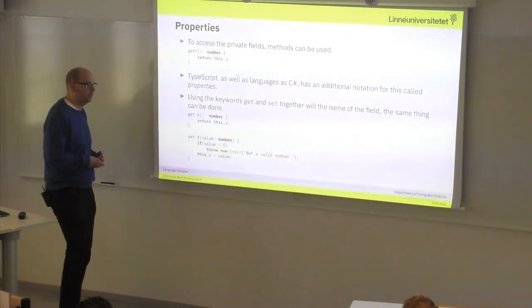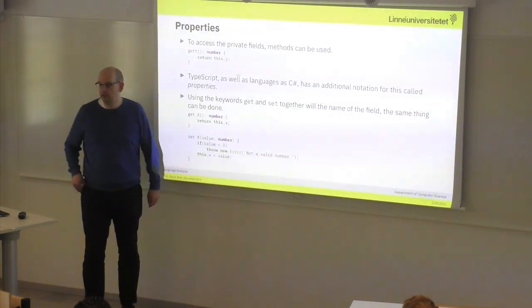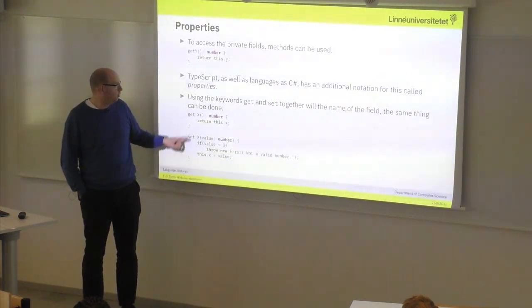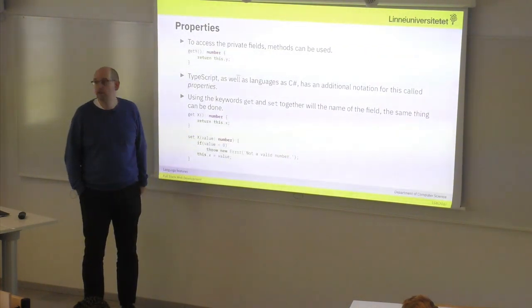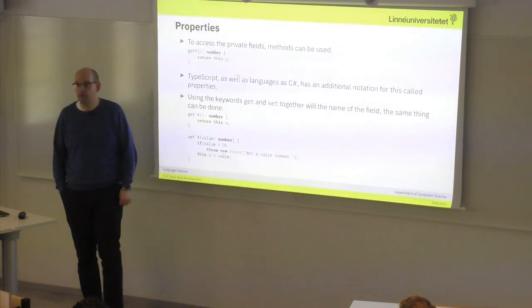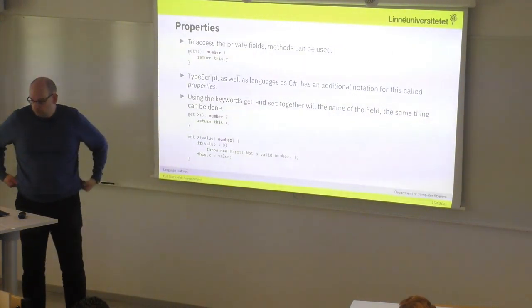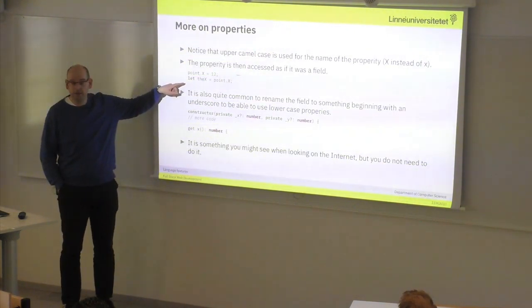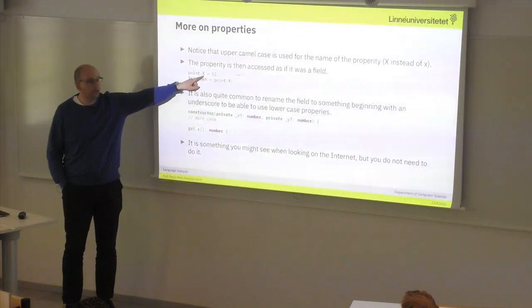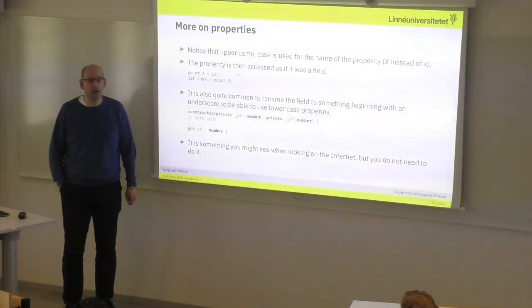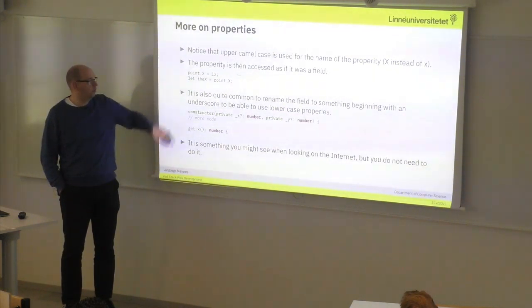Properties for getters and setters. So we can do something like this for the Y value, but it's also possible to use get and set with a capital version of the variable, the field variable that we're using. And if we do, we can use it like this. So point dot capital X equals 12, or should be assigned 12, or something like this.